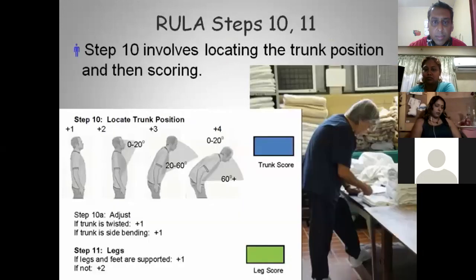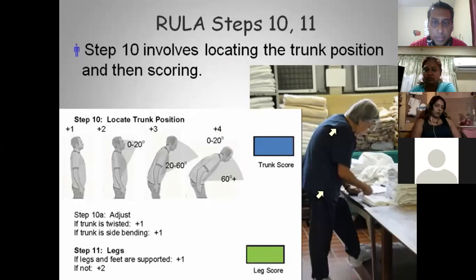So the next step is step 10, where we locate the trunk position. So here's our hip. What's the deviation from hip to shoulder? No deviation, shoulders are over the hips, that'd be a plus 1.